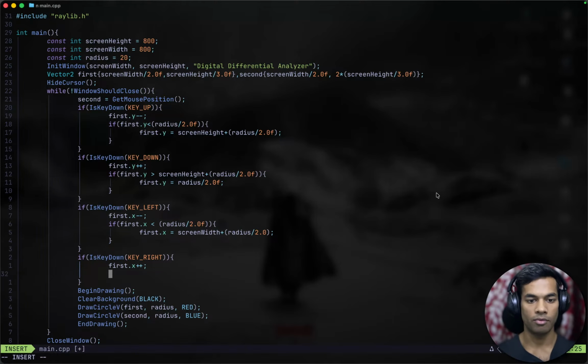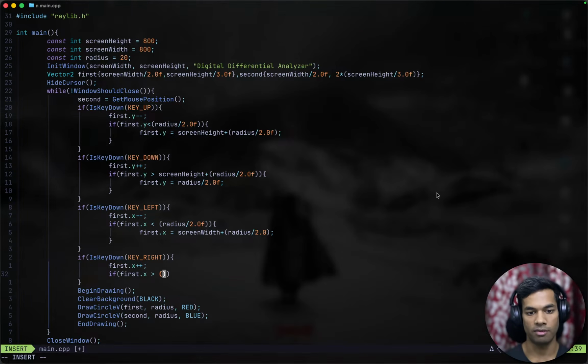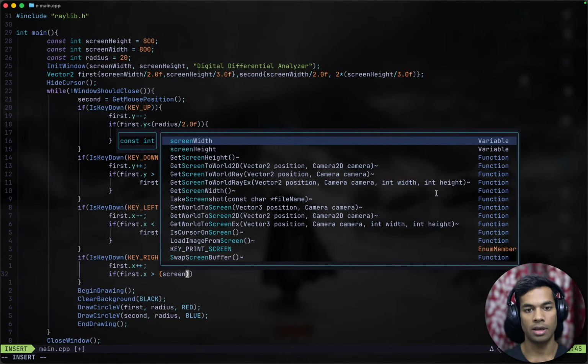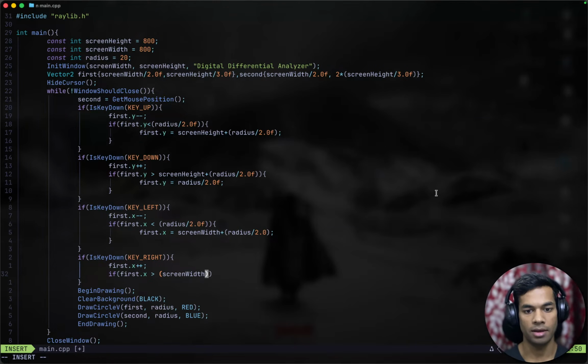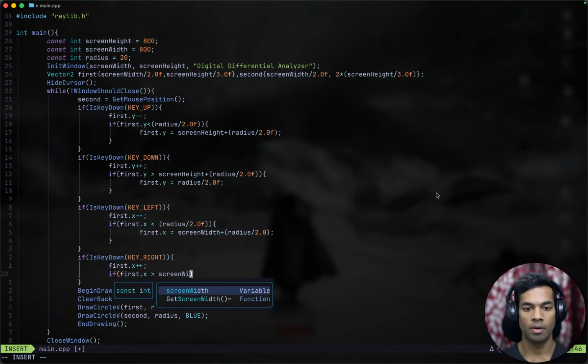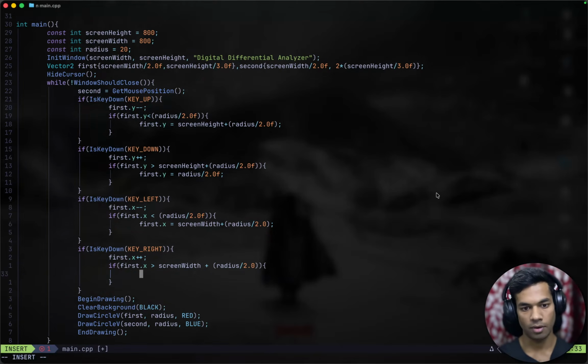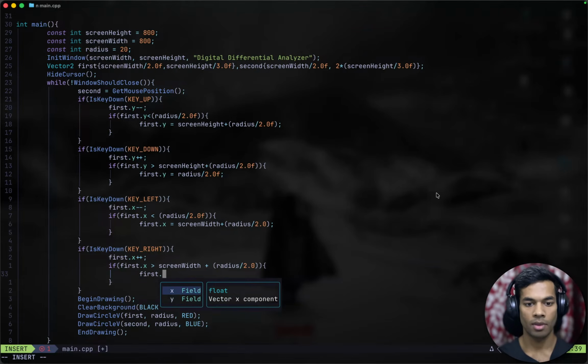And if you go too much to the right, if first dot x is greater than screen width plus radius divided by 2.0, then first dot x would become equal to negative radius divided by 2.0, and we come back from the leftmost part.